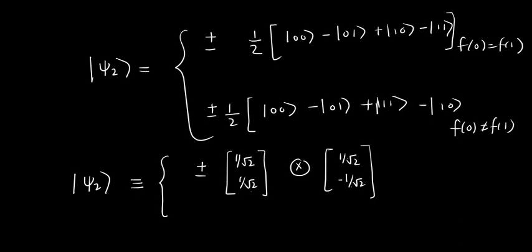Okay, so this is equivalent to writing that I have plus minus, ket plus multiplied with ket minus, right?